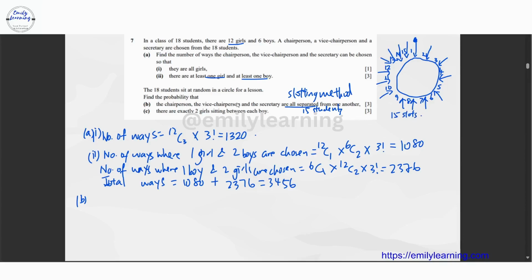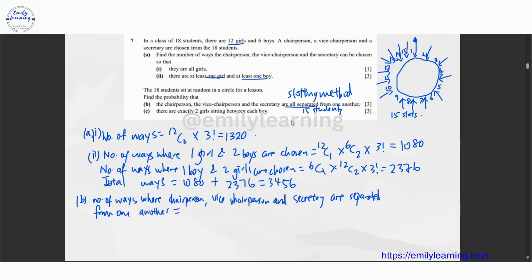Okay. So to find the number of ways where the chairperson, vice chairperson, and secretary are separated from one another, it will be equals to, first I'll sit these 15 students.